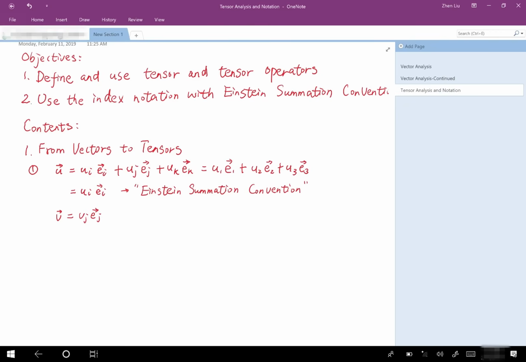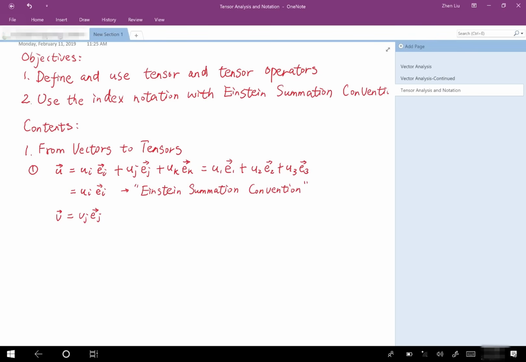So then, how to get from a vector to a tensor is actually simpler than what you can think of. How to construct a second-order tensor using two first-order tensors u and v? We know that a cross product of two vectors will give us a vector, right? So that's not a tensor.